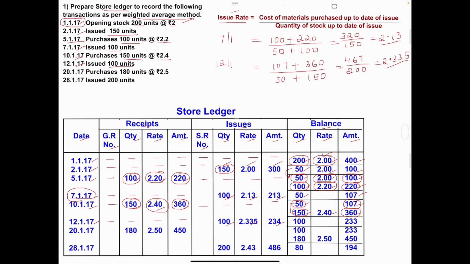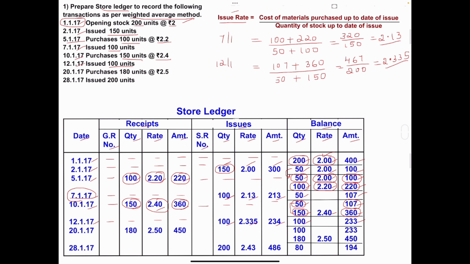So in total we had 200 units, out of that we have issued 100 units. So the remaining quantity is 100. 100 into 2.335, amount is 233.